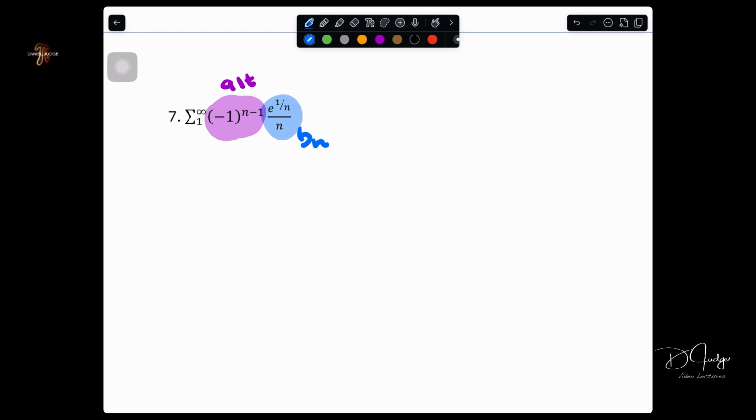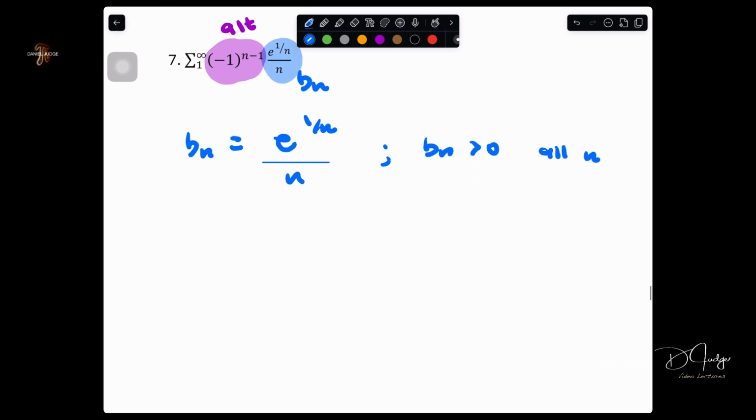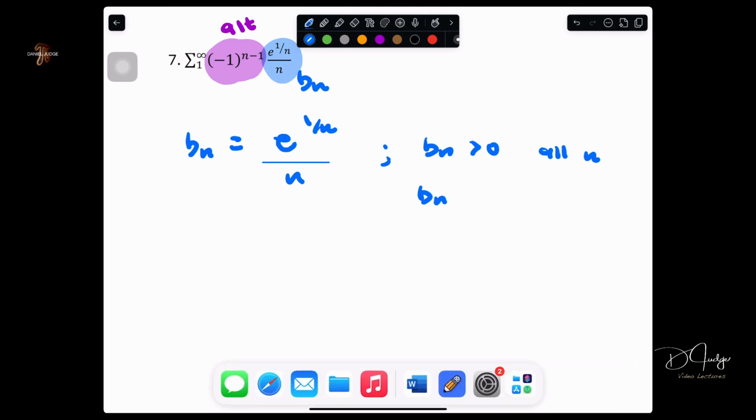Bn is e to the 1 over n, over n. Bn is positive for all n. And Bn, let's see if this is increasing or decreasing now.